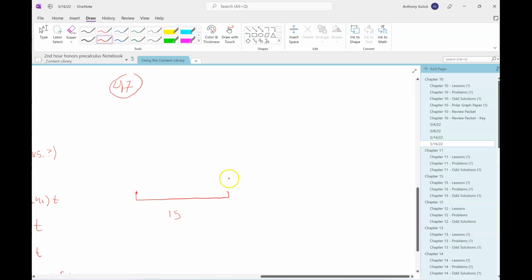I'm just going to do that conversion right now. So this right here would be like 0.75 on each side. So really this is going to be like 14.25 to the target. You guys agree with that?